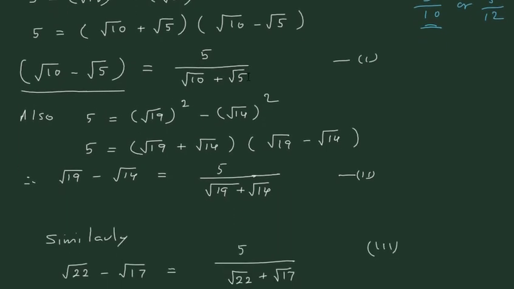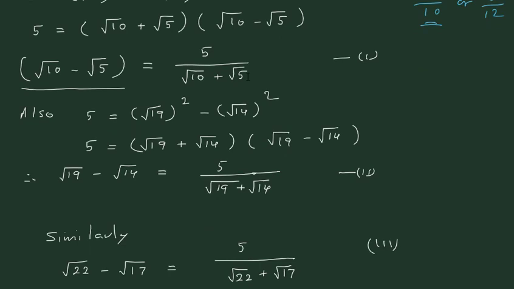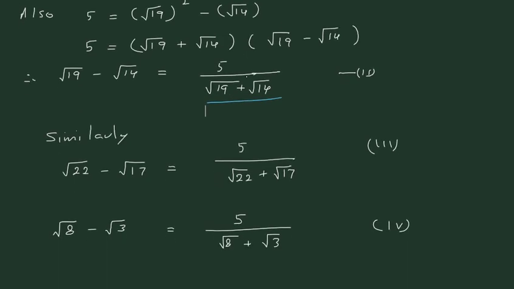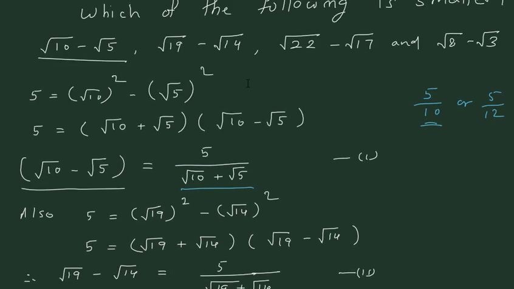So we have the denominator as root 10 plus root 5 here. Here we have root 19 plus root 14. Here we have root 22 plus root 17 and here we have root 8 plus root 3. So difference is difficult, but for addition we know that the sum of two greater numbers is greater. So this root 22 plus root 17 is the largest value in the denominator. So I will say that root 22 minus root 17 is the smallest value.